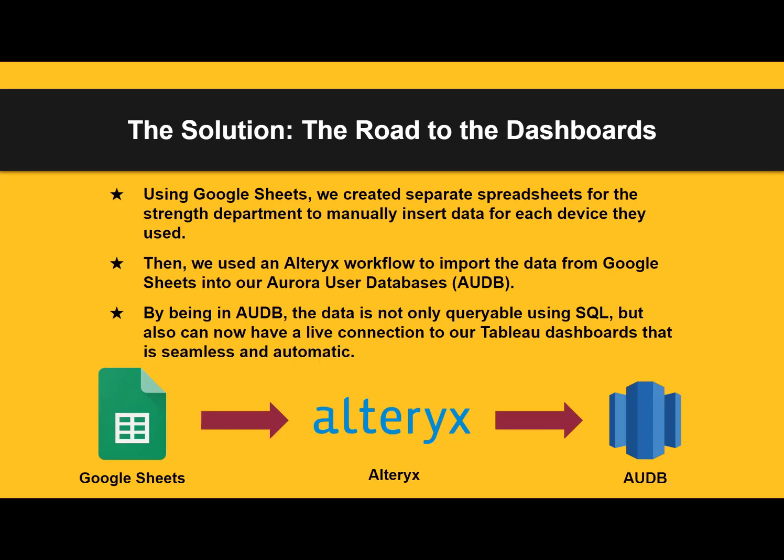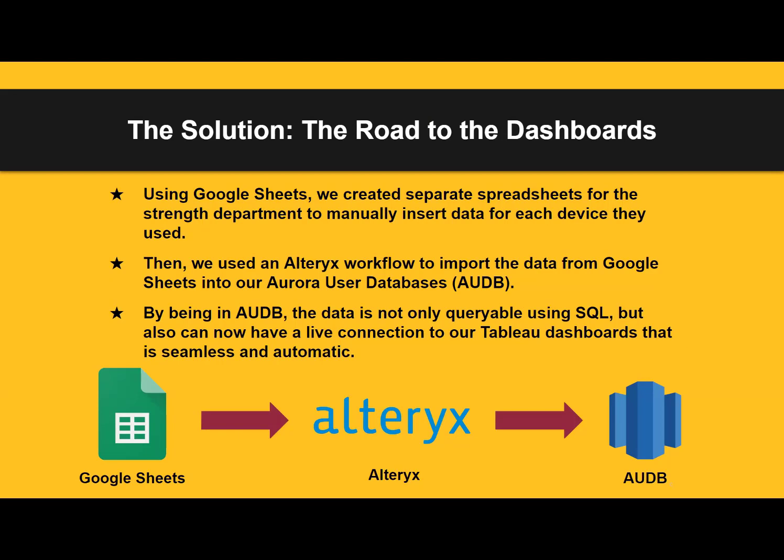But yeah, the student workers are really good at just copying and pasting the data into Google Sheets. And that allows us to have different spreadsheets for each of the different devices that we use. And then that is put into our Aurora user databases, or AUDB, using Alteryx workflows. So that's just taking the data from Google Sheets and putting it into the databases.